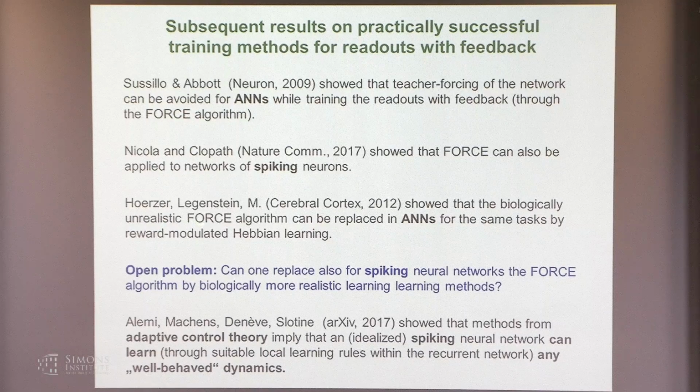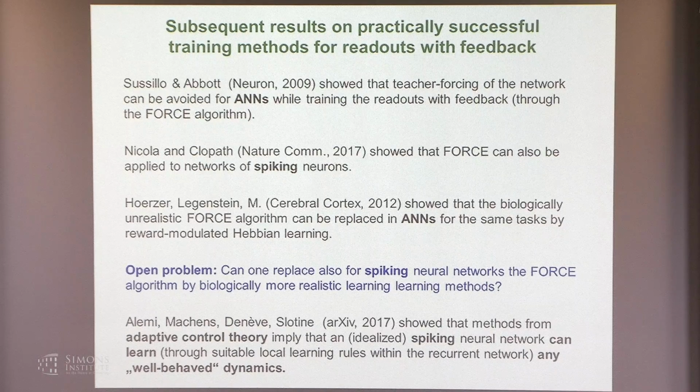So far, in the context of artificial neural networks, one can also do this training of readouts with reward-modulated Hebbian learning, which is reasonably realistic from a biological perspective. It's an open question whether, for spiking neural networks, the FORCE algorithm for training readouts with feedback can be replaced by biologically more realistic learning methods.